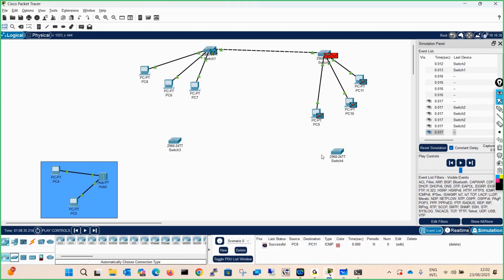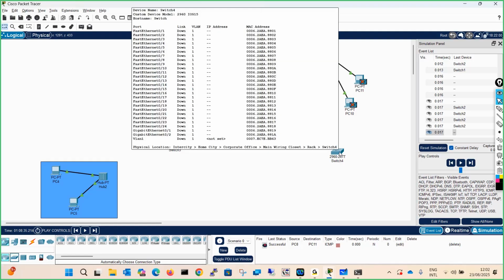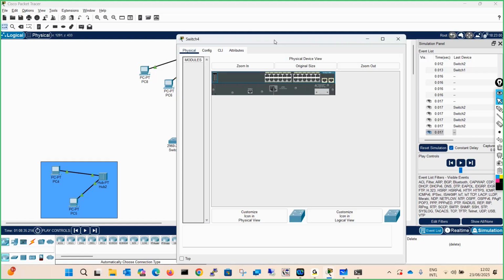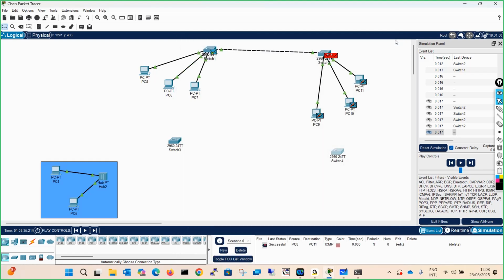You can divide this device logically, and once you divide it, if there are around 24 ports over here, you can say the first 12 ports, first 6 ports, or 4 ports, and make it possible that the broadcast from one device cannot go to another device within the switch. This is how you logically divide the device to break this unnecessary broadcast.